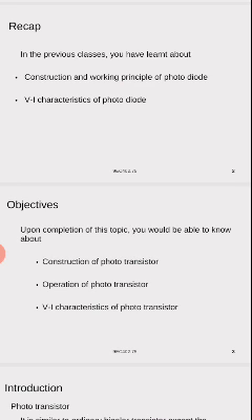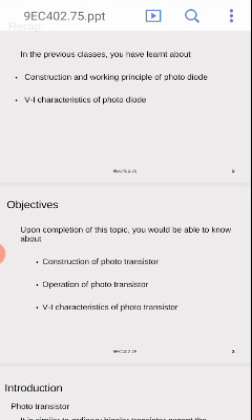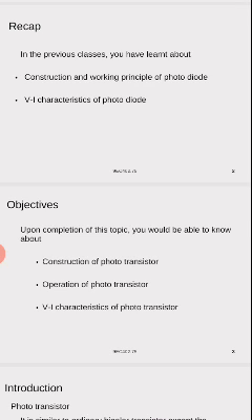But to allow photo on the junction, there will be a lens provided over the transistor. That is called a window.